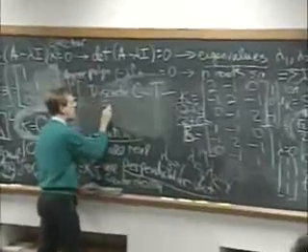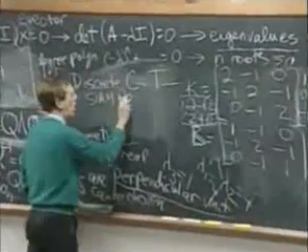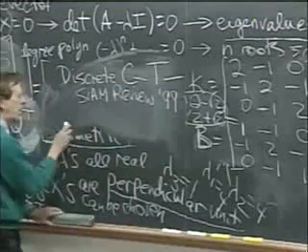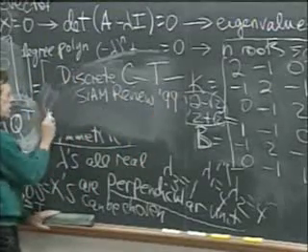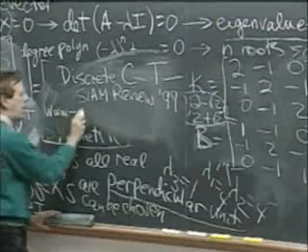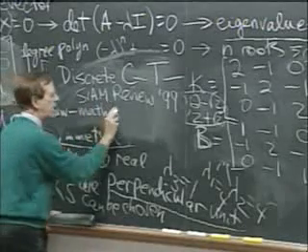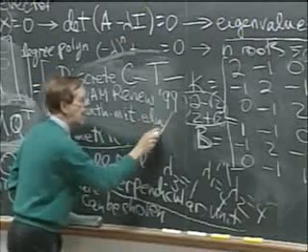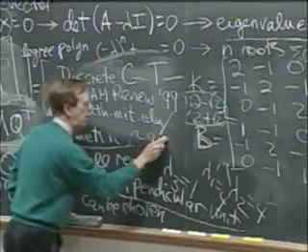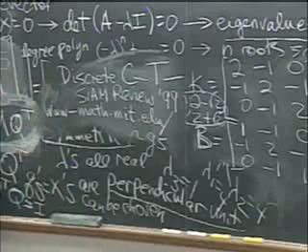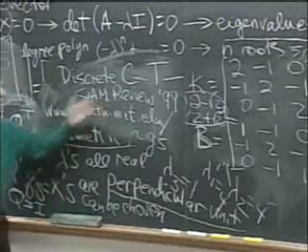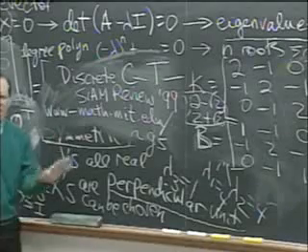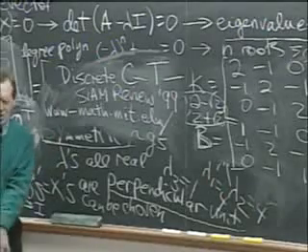It's in SIAM Review. I think the year is 99, and the web page is www.math.mit.edu/~gs. And you would see it there, and you could download it. Or I'd be happy if you looked at SIAM Review. I'd be even happier if you joined SIAM, actually.